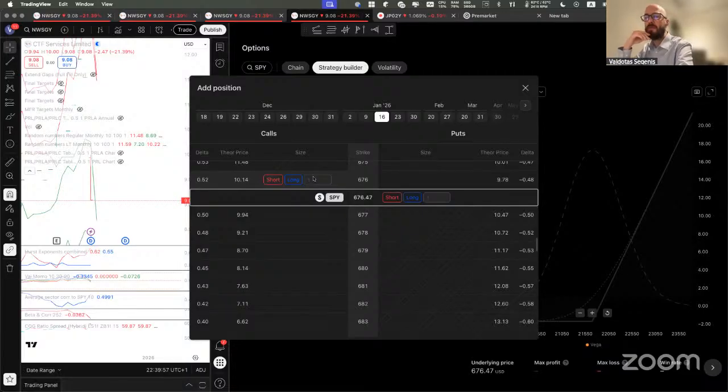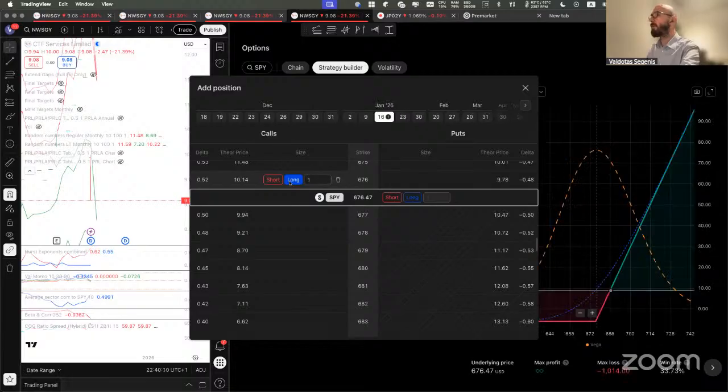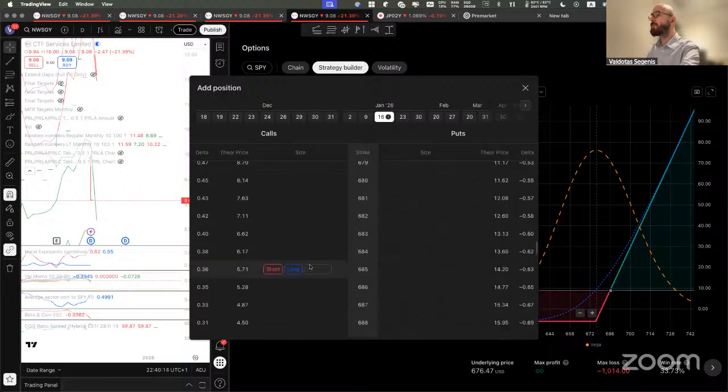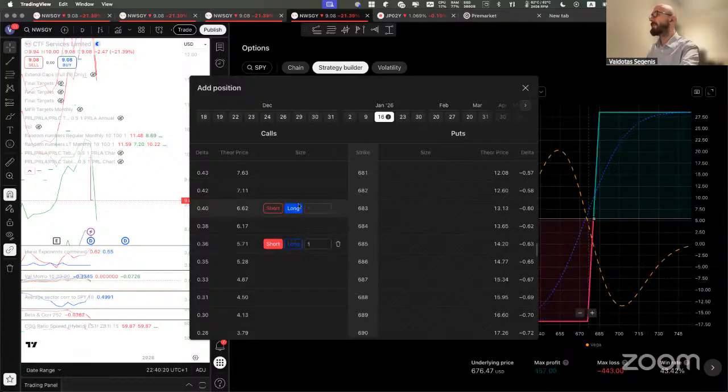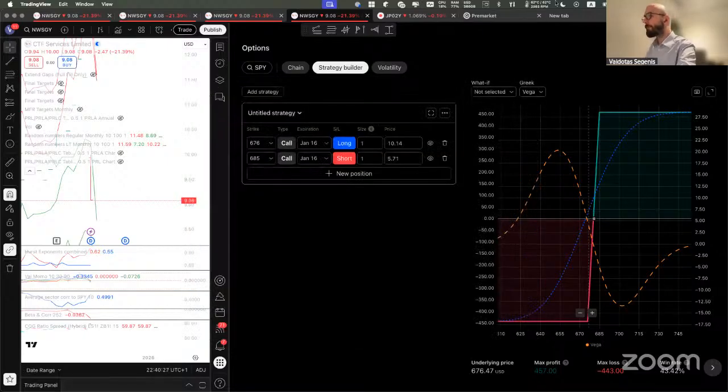So now the beauty of vertical spreads. Let's say that we simply buy a call option at this price, 676, whatever. We buy this call option and then we sell the option at our target. That's all it is. Same expiration, same type. We just sell this option. And now what we have, of course, these are not the real prices.